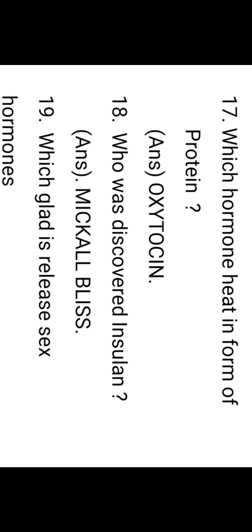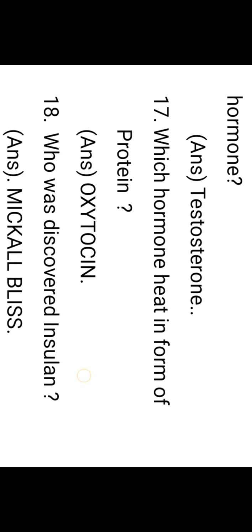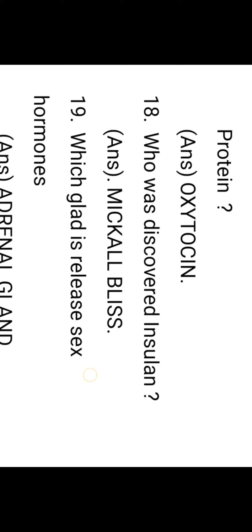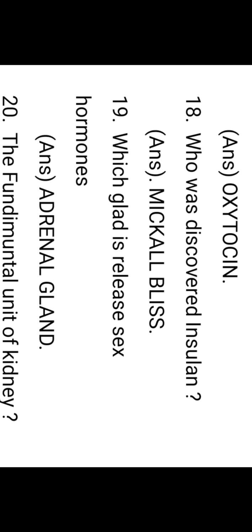Okay. The next question. In which hormone is the chemical in the form of protein? This is oxytocin. Oxytocin is the most important in our human body. It is a peptide hormone and neuropeptide.